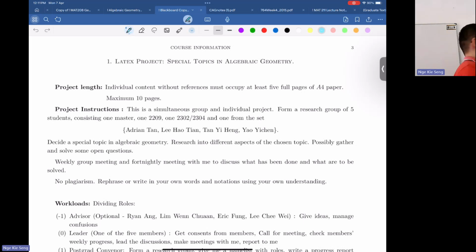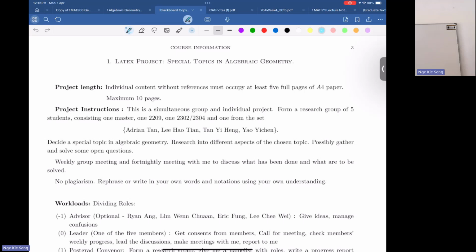Okay, you cannot have more than 2 people from this set. Okay, then others you can basically you have no choice to fill the 5th spot. But if you don't get your group yet, we will finalize it by this week. Okay, so hopefully tomorrow, all the master students should give me a list of this.